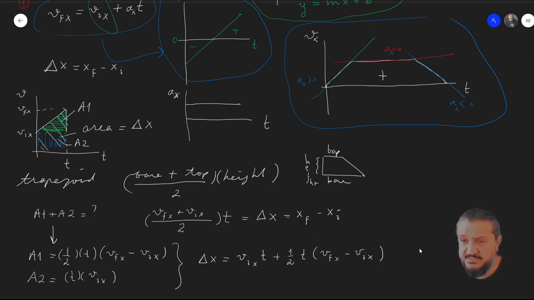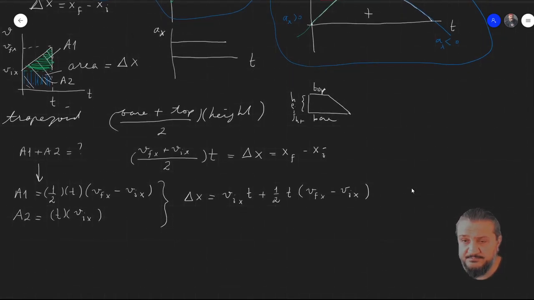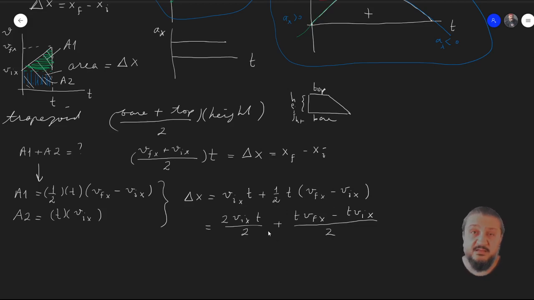You can prove it easily by writing this as 2 VIXT divided by 2, okay, it's the first term, plus, now distribute T here, T V final x minus T VIX divided by 2. Now that the denominators are the same, you can combine the numerators.